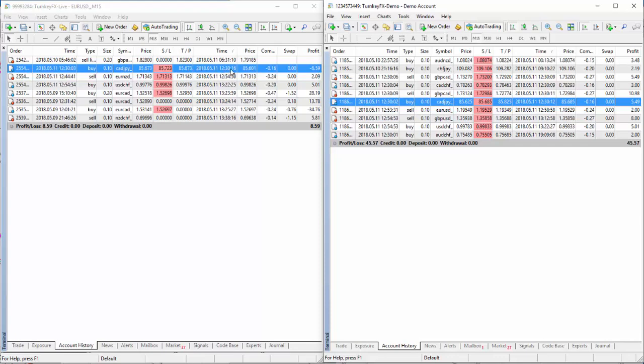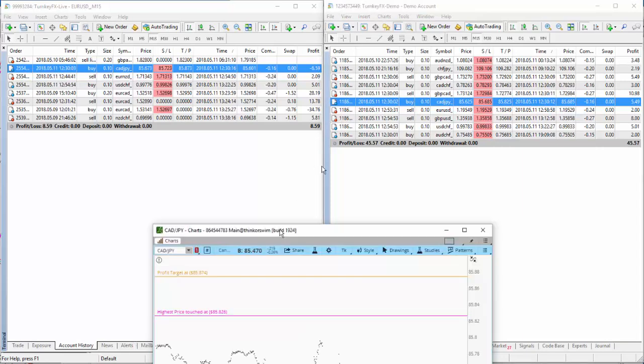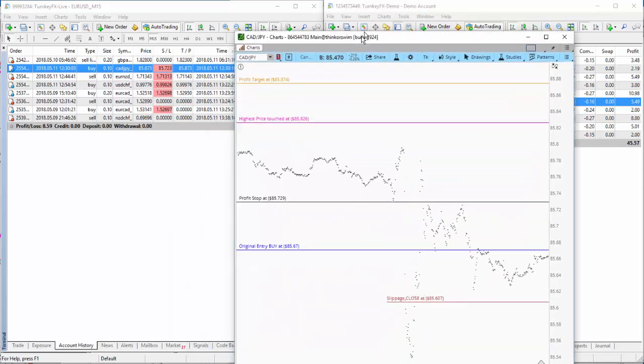But when you look over here at the price where the trade closed, it closed at 80.601, which is essentially a 7.2 pip loss. And you're going, well, how did that happen? Because it ultimately closed for negative $6.59.